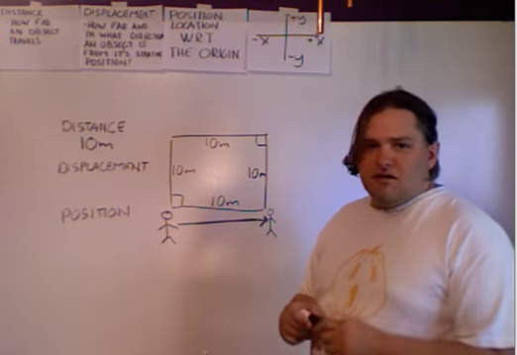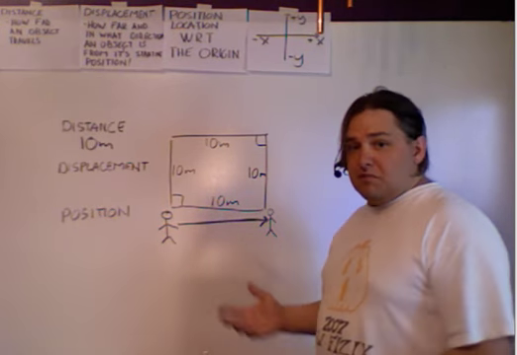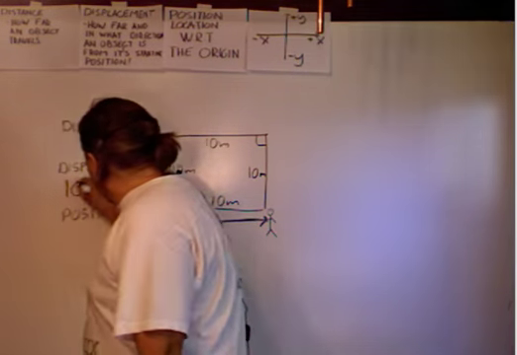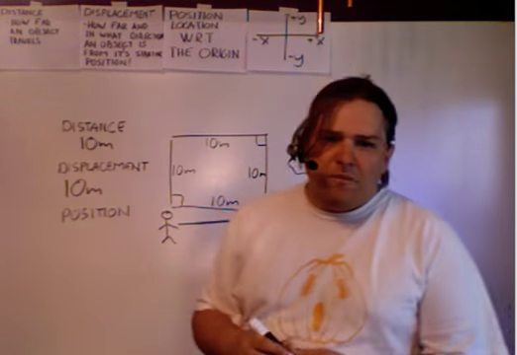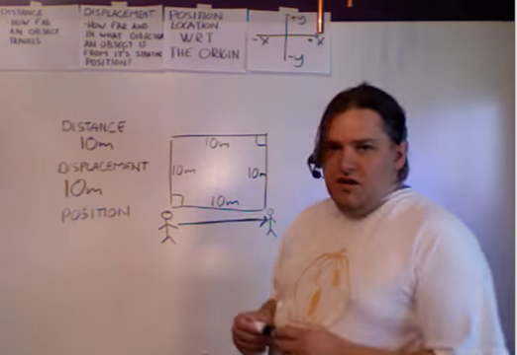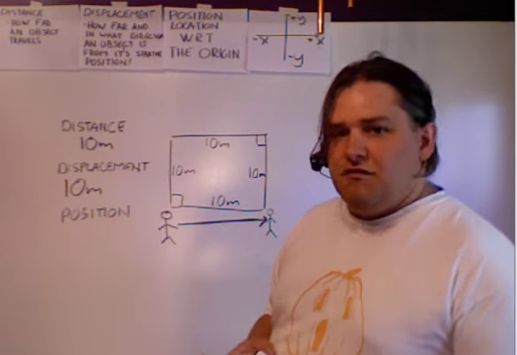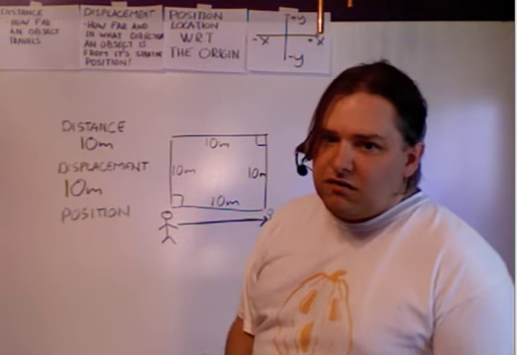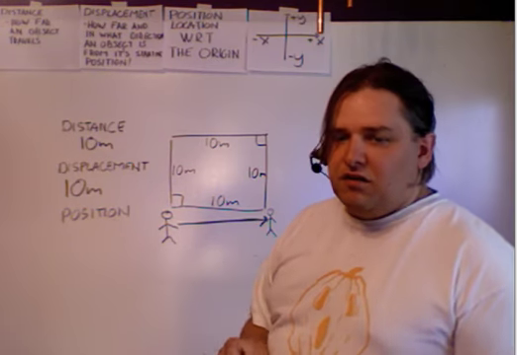Well, its displacement, magnitude-wise, is 10 meters. So I'm going to write 10 meters, that's how far away he is. And I want to reiterate, if I have said this before, that distance, displacement, and position are all going to be in meters. They have to be in meters, international standards.